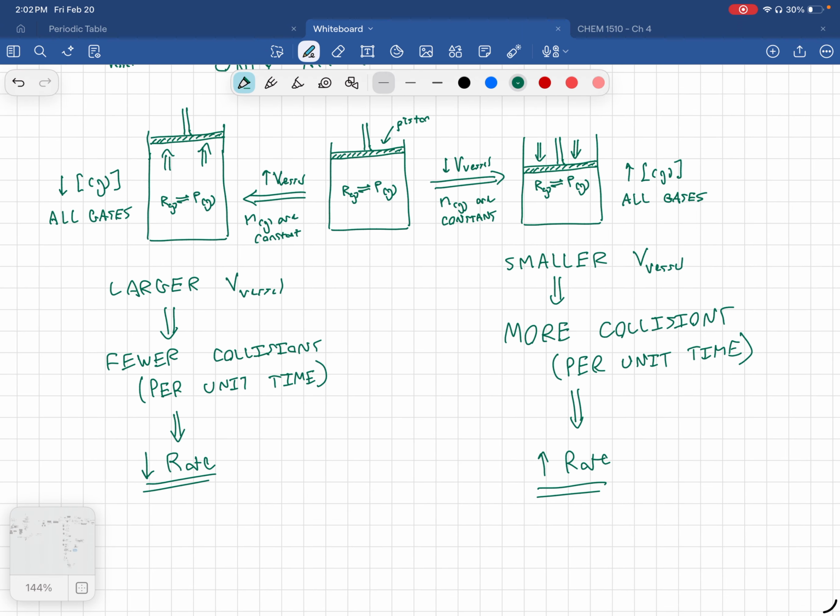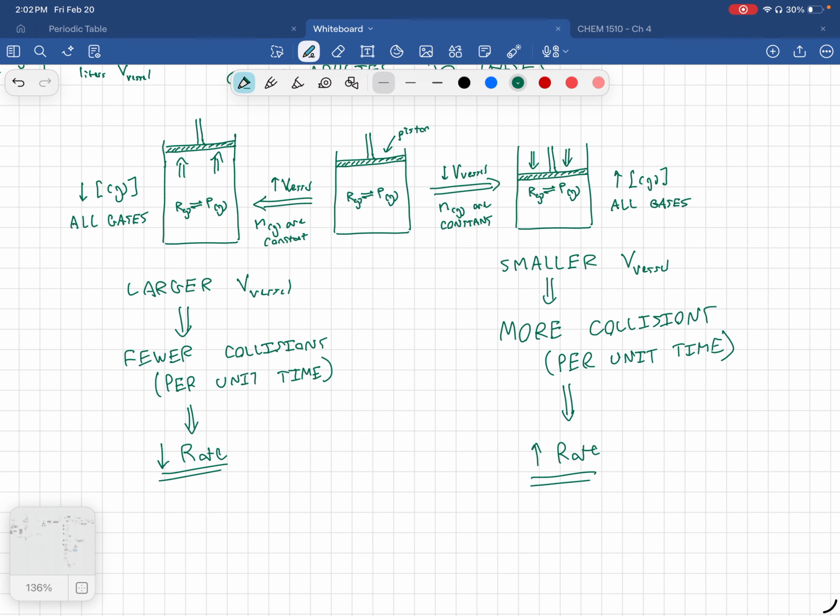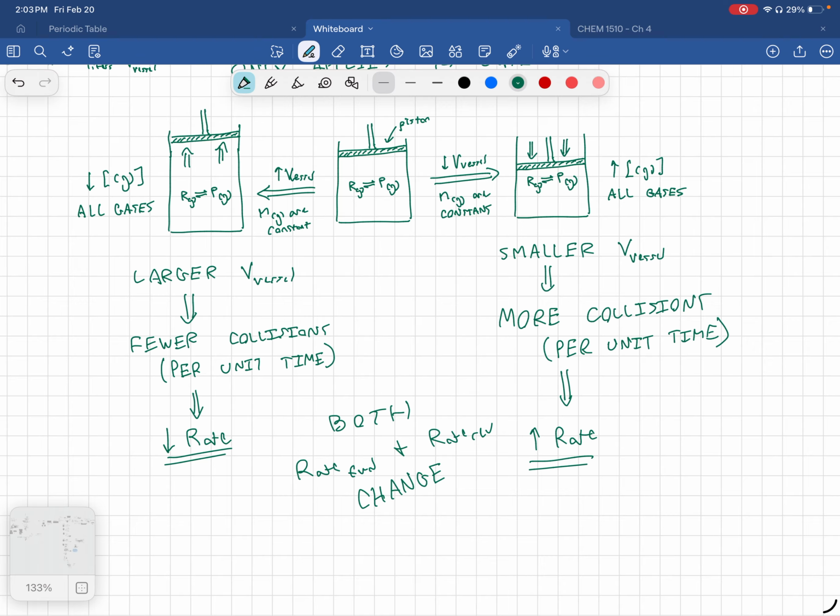And here's another thing that's unique about gases. Changing the volume of a container that has gases on both the reactant and the product side will lead to both the forward rate and the reverse rate changing, if everything's a gas.